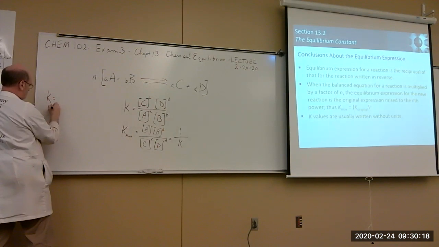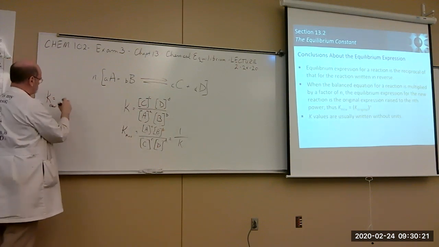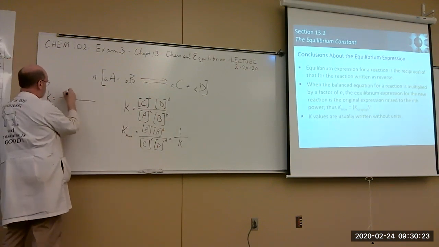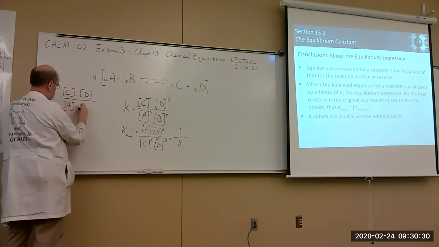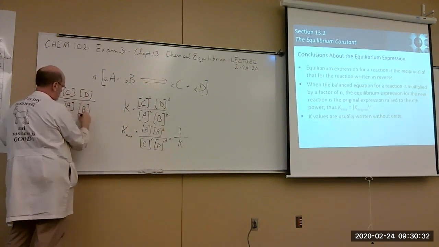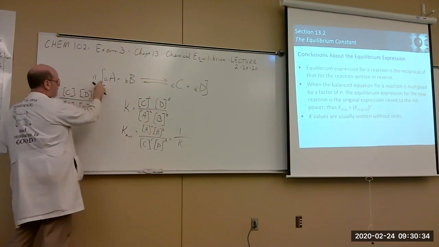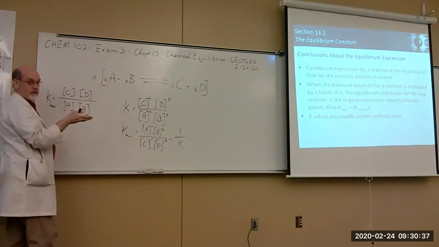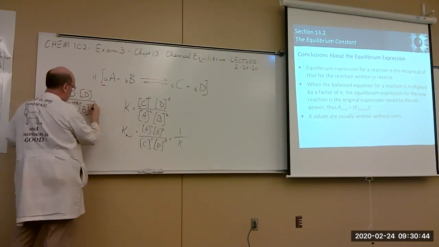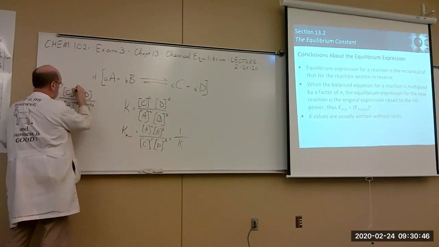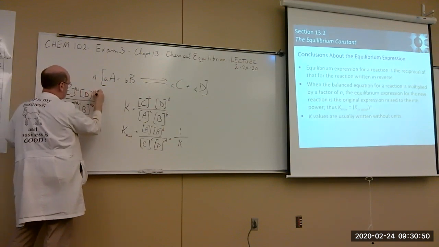Let's see, our new K. We would have C, A, D, A. That doesn't change. But n times a gives you a new coefficient. So a would be na, and b would be nb, nc, nd.